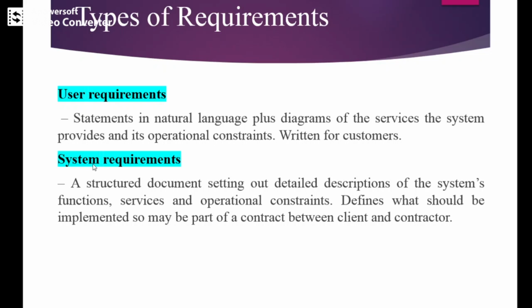Next one is system requirements. What are system requirements? This is a structured document, very structured, not like just specifying in natural language form. It will set out each and every functionality or service of your system, as well as the constraints.